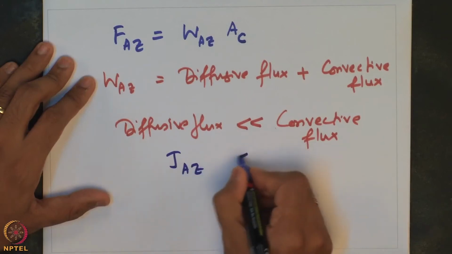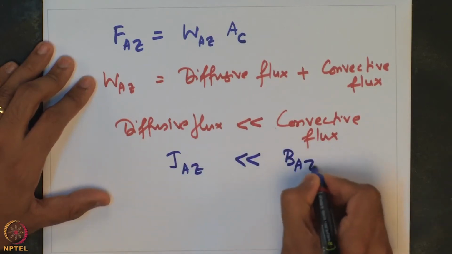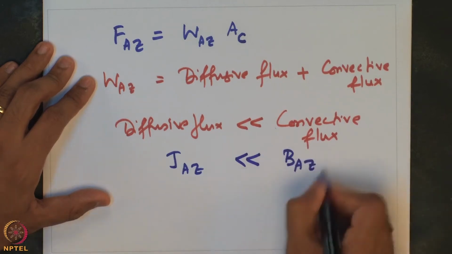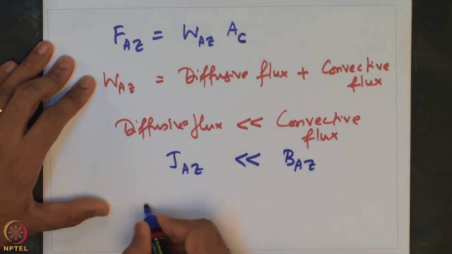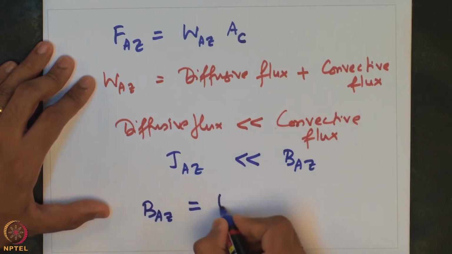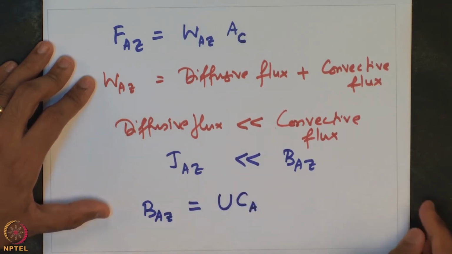Now, if J_Az is the diffusive flux, we assume that the diffusive flux is much smaller than the convective flux B_Az. Now, how can we express this convective flux? The convective flux B_Az is essentially given by the superficial velocity u into the concentration of the species at that location.